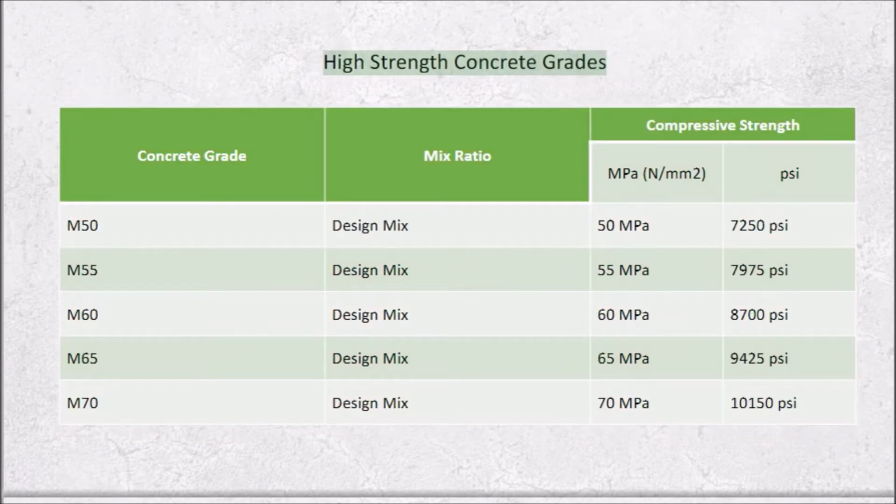High-strength concrete grades: concrete grade, mix ratio, compressive strength in MPa, N/mm2, and psi. M50, design mix, 50 MPa, 7250 psi. M55, design mix, 55 MPa, 7975 psi.